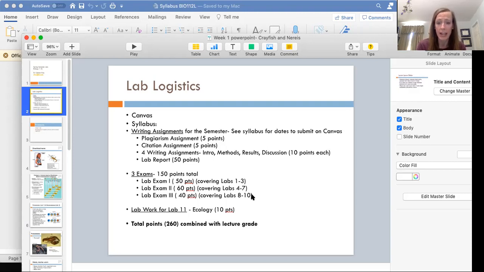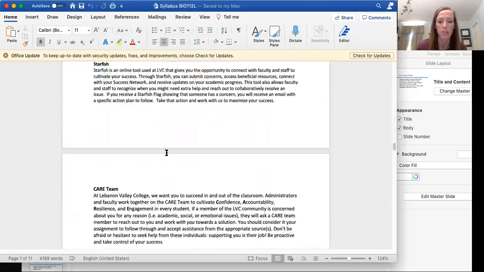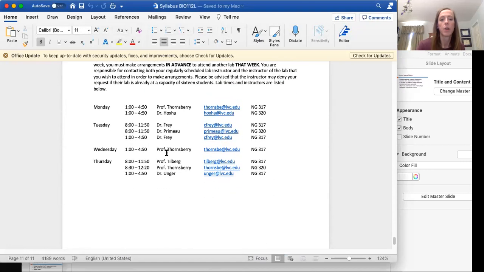You should be attending. If we have some situation where you cannot attend due to illness, or I know some of you guys are on sports teams that may have to travel for meets, then what you should do is go to the last page of the syllabus, where you can find, if I scroll all the way down, all of the instructors and their email addresses.